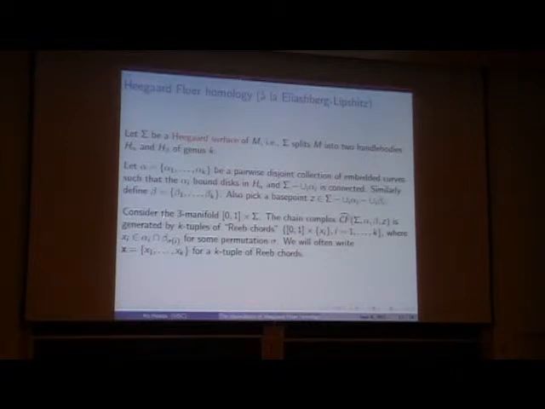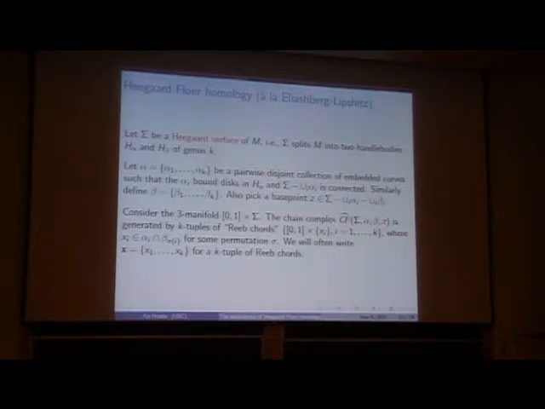Now, you consider a particular four-manifold, which is [0,1] cross sigma. And what we're going to do is write down something that looks very similar to the embedded contact homology chain complex.